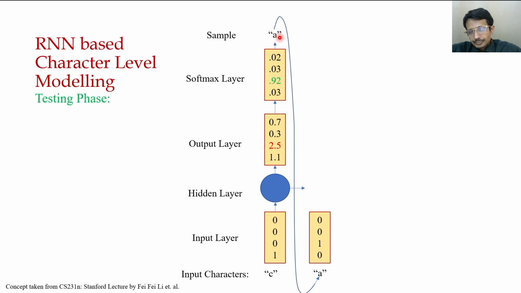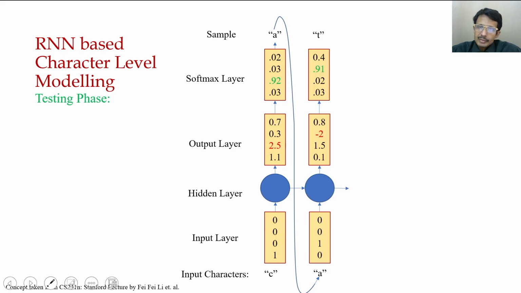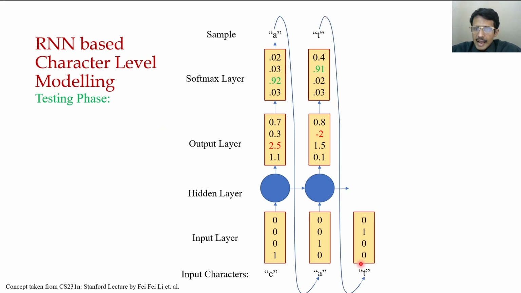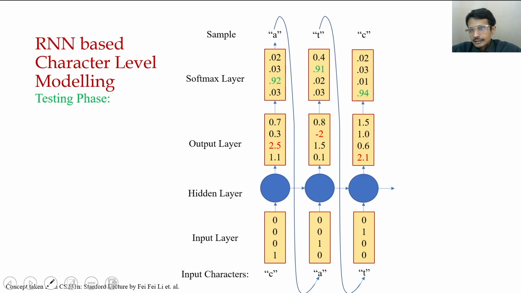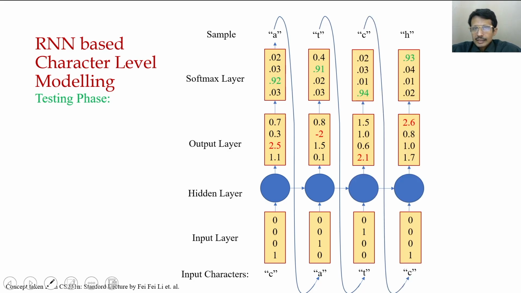After C, A comes. So it is our intention: after C and A, what will be the output, or what is the character? A similar thing will come, and the target output is T. Now this output again goes into the next step, and in this way it goes on. One very important thing to understand here is that the output of the first time instance is going to be the input to the next time instance.